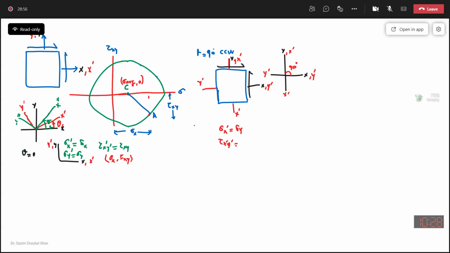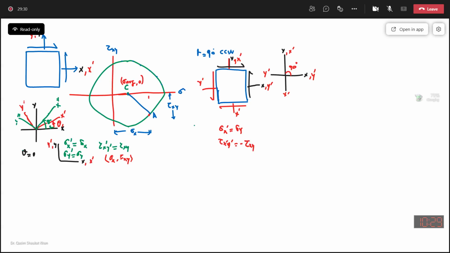Fine, and now it will be rotated. So tau x dash y dash will be minus tau xy. Fine.